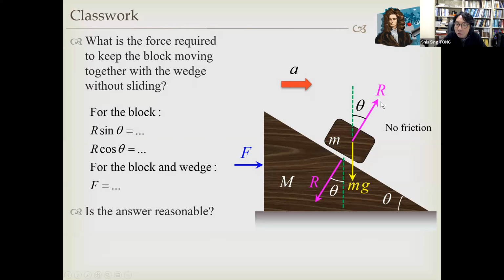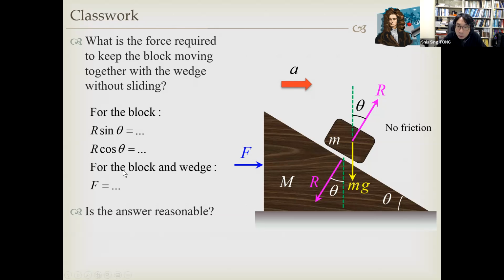And I resolve the normal reaction R from the inclined plane on the block into two components. R cosine theta is the vertical component, while R sine theta is the horizontal component. Okay. This angle theta is equal to the angle that the inclined plane makes with the horizontal.